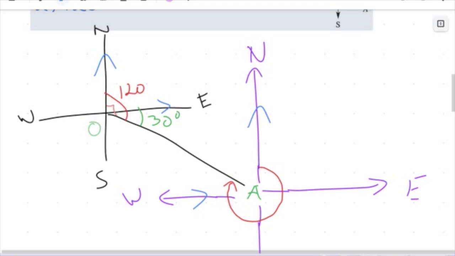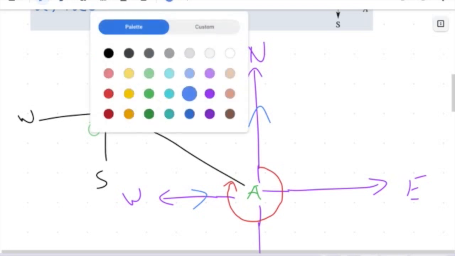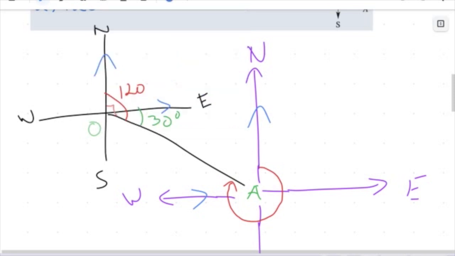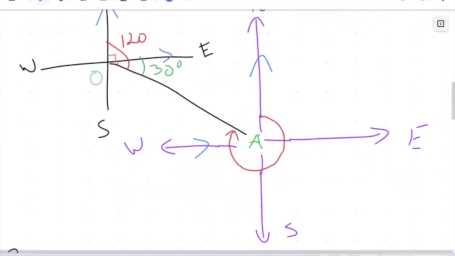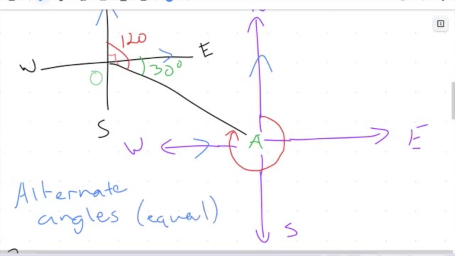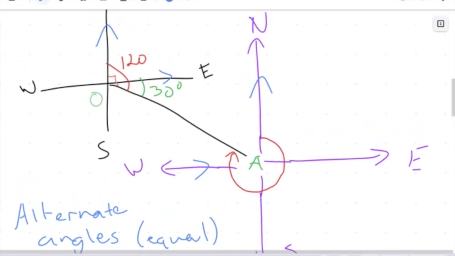Now, if we sketch along these lines, we see the letter Z being formed. So when have we seen something like that before? We saw this in angle relationships. These two here are what we call alternate angles. And if we remember from angle geometry, alternate angles are always equal. So therefore, if that angle is 30, this angle in here is going to be 30 as well.